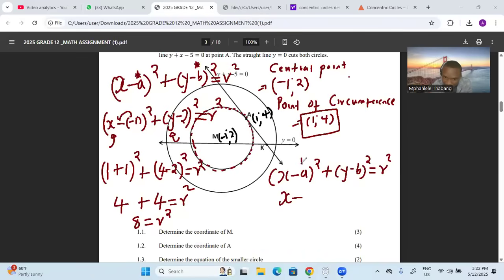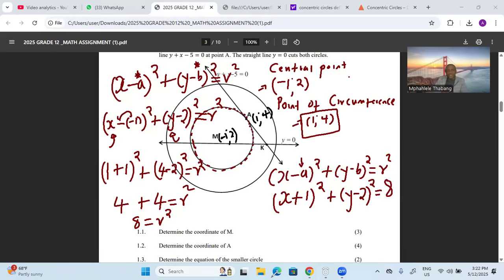Remember, a is the point from the center, -1. So it's going to be minus 1, which is going to be (x plus 1) squared plus (y minus b, the y coordinate of the center of a circle, 2) squared equals to r squared. R squared, it's 8.